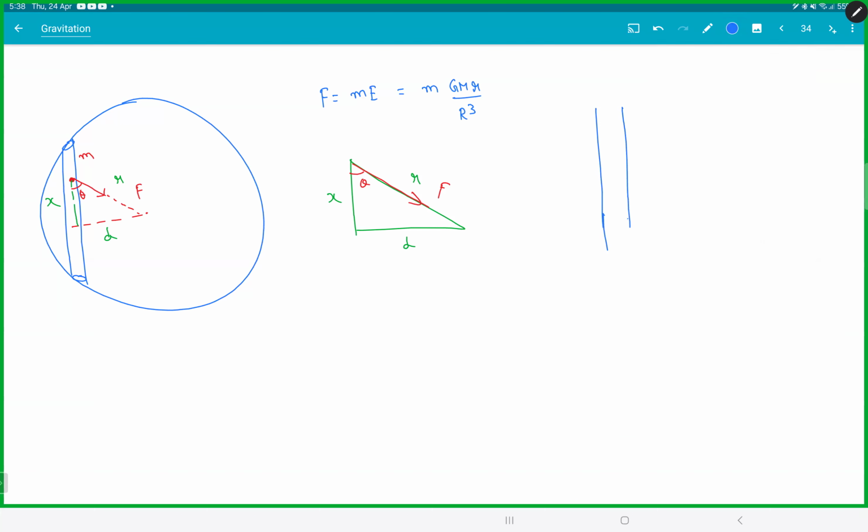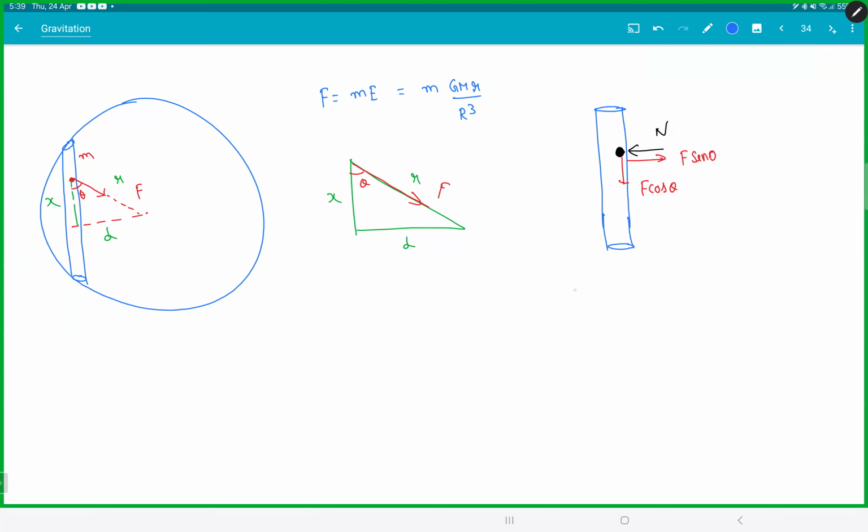If this was the tunnel, the forces on this particle will be the normal reaction, this gravitational force, which is F sine theta, and the vertical force F cos theta. Clear with this? These are the forces.